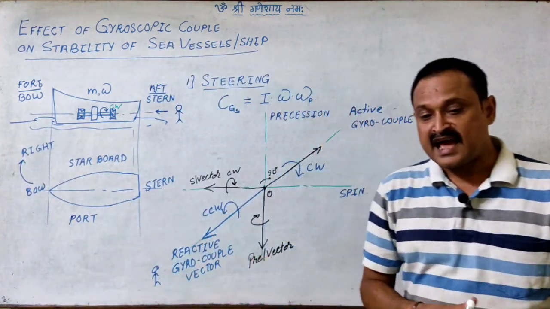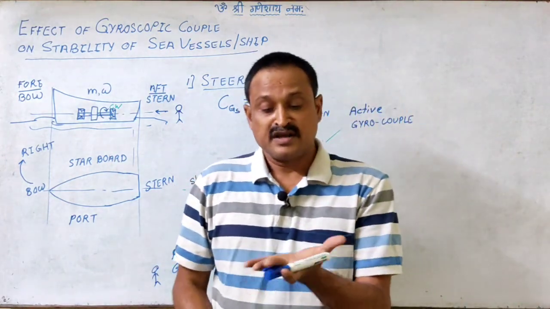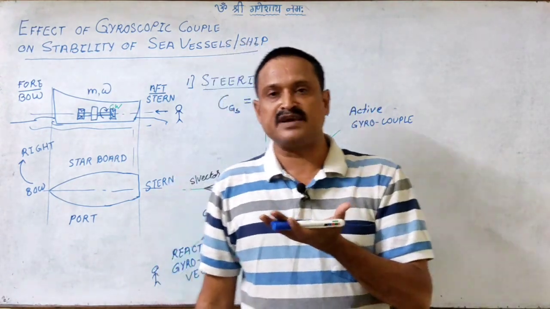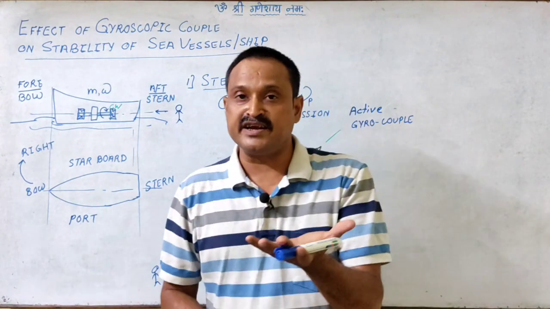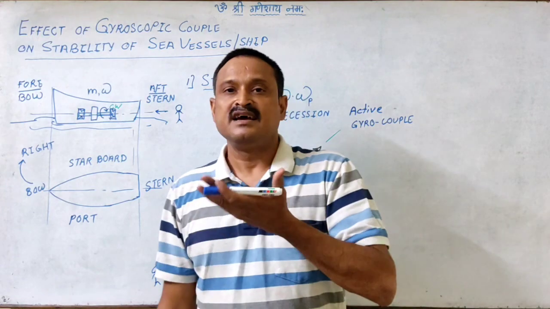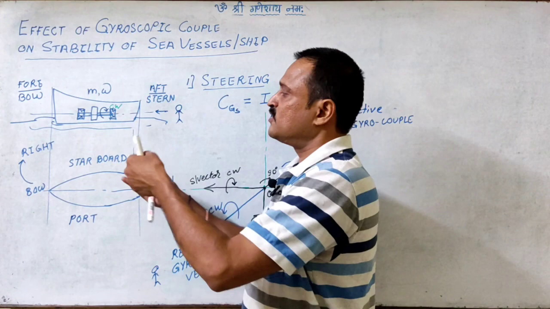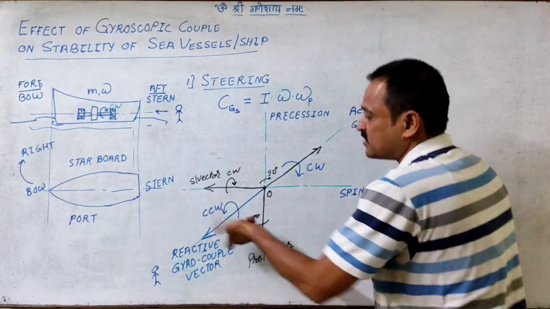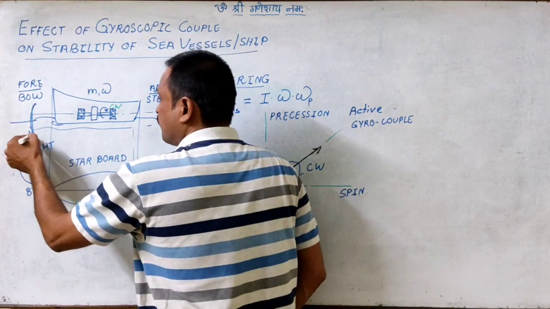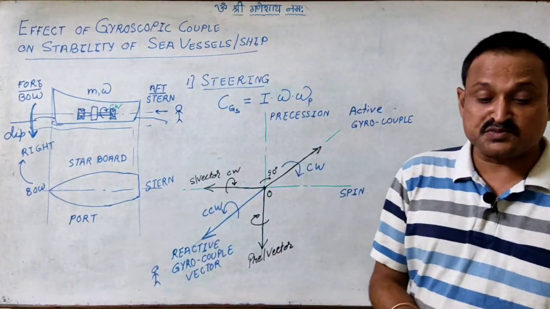As we have seen for four-wheelers, the road is a solid surface which gives a positive reaction to the vehicle. But here it is a fluid, so it gets very easily deformed, and the water does not give that much reaction. So the reactive couple is counterclockwise, and the bow will try to dip.